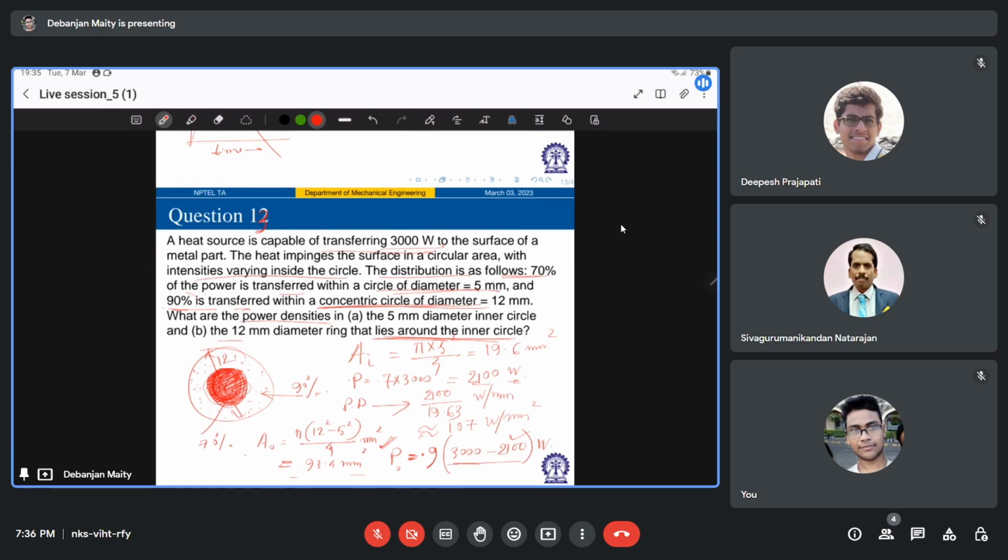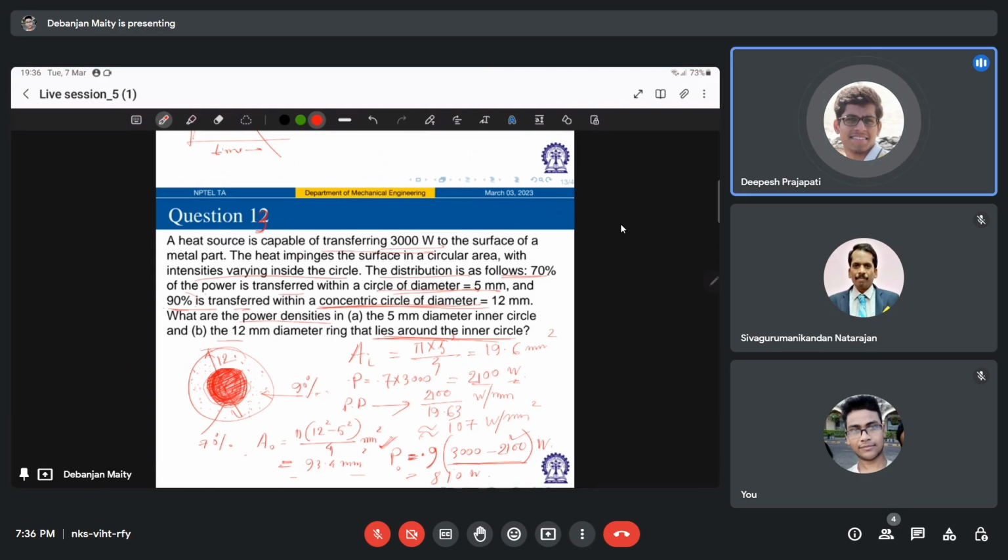So whatever remaining portion is there, depending on that, you will be heating up this outer region. So if this is 900, 810, correct?